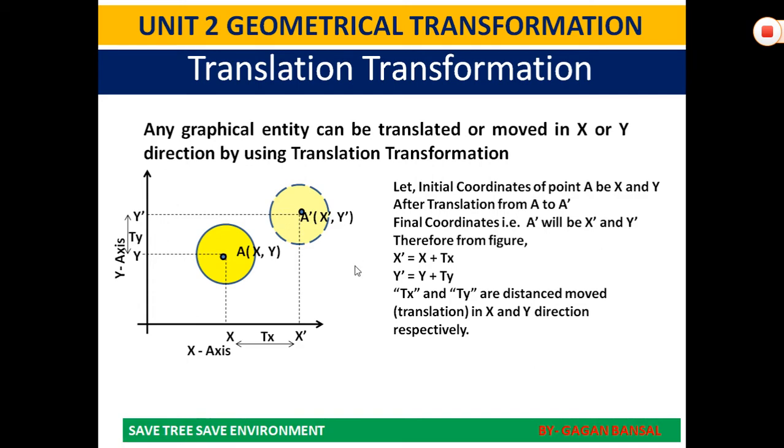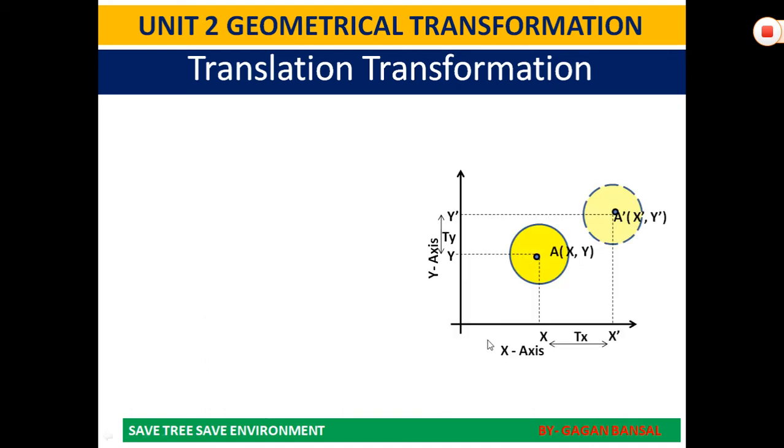Therefore from figure x dash will be x plus tx as it is mentioned, and y dash will be y plus ty. Hope you are understanding what I mean to say, that from here the distance y dash will be y plus this ty. Now tx and ty are distance moved in x and y direction respectively.